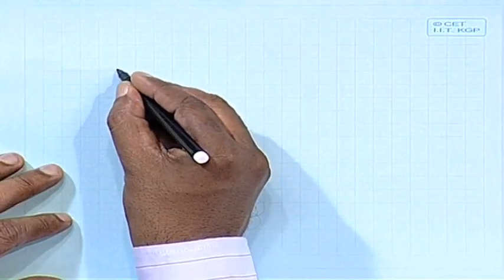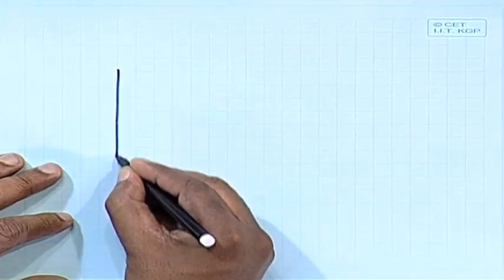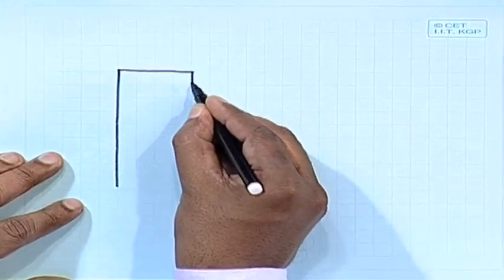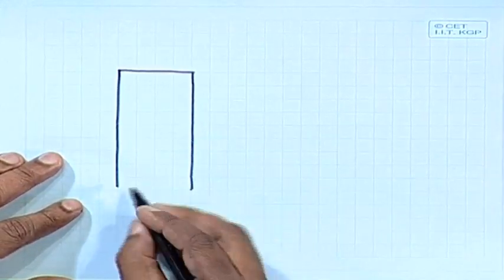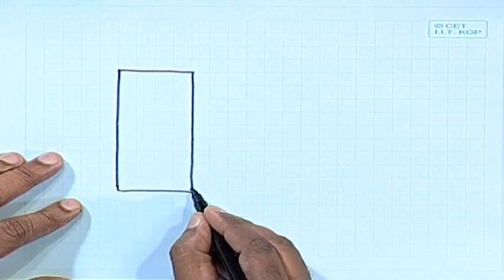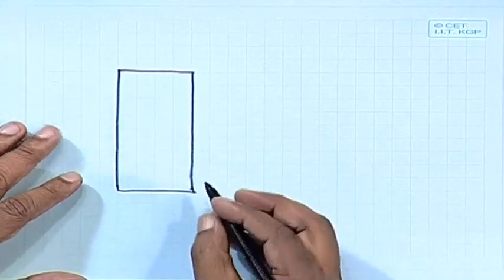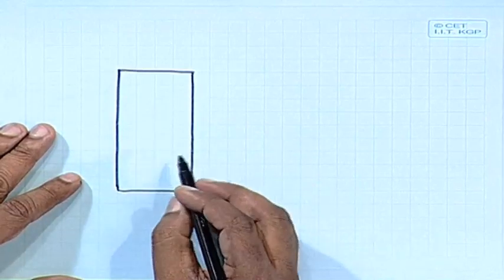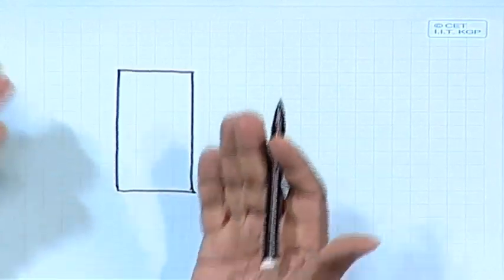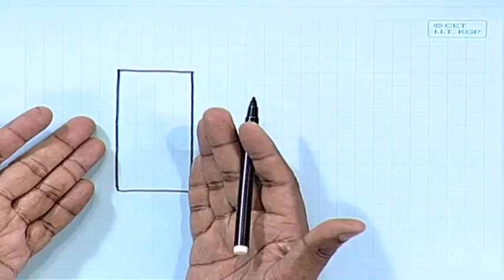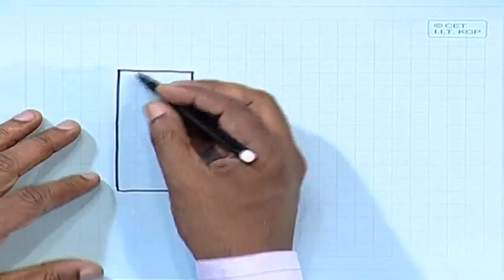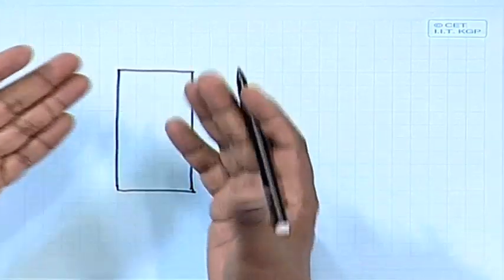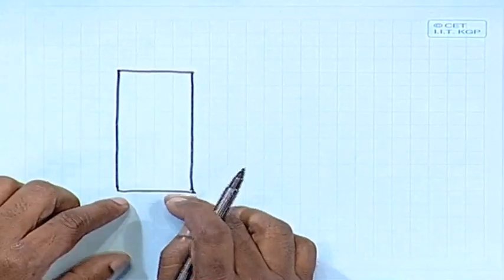Let us say this is one hall. What will happen here? You can take a piece of paper or any thin membrane type of thing, even a plastic sheet, and keep it over this type of arrangement.